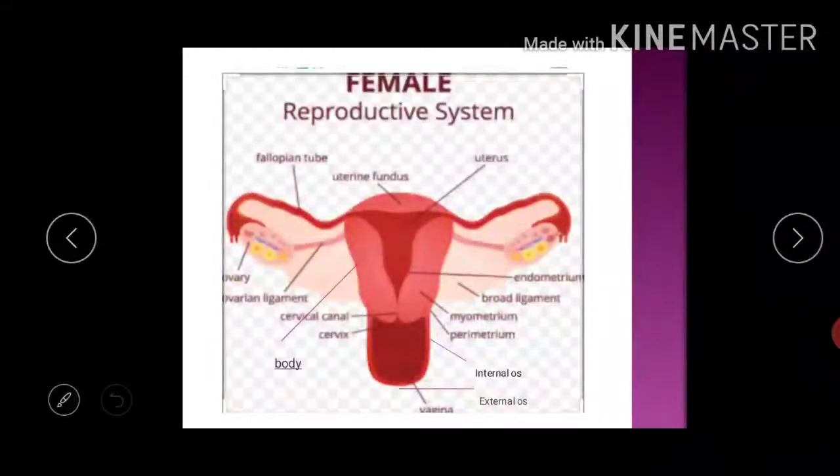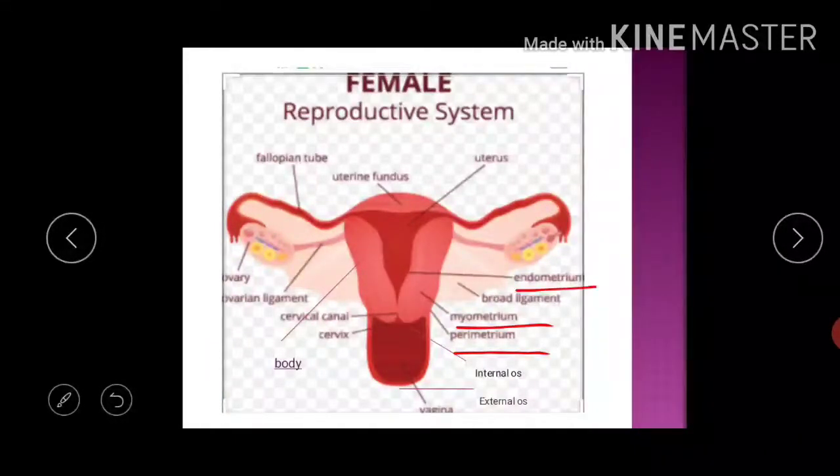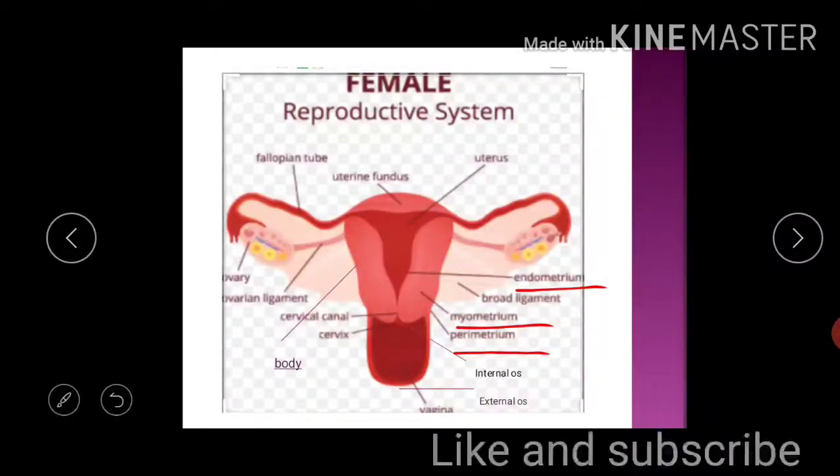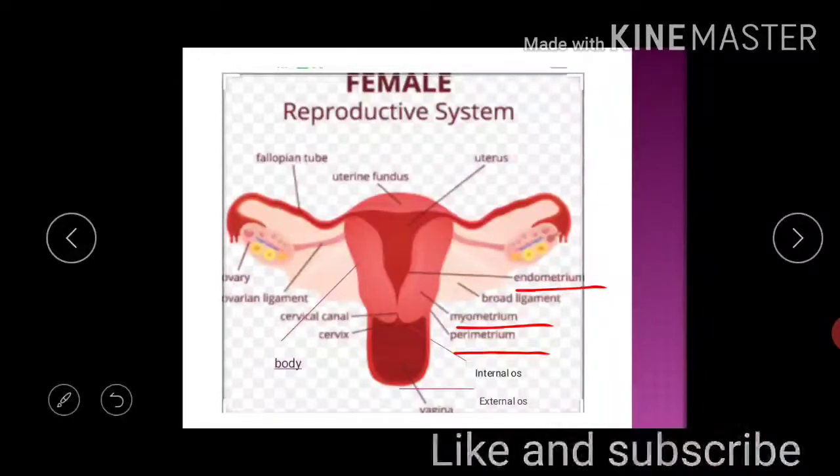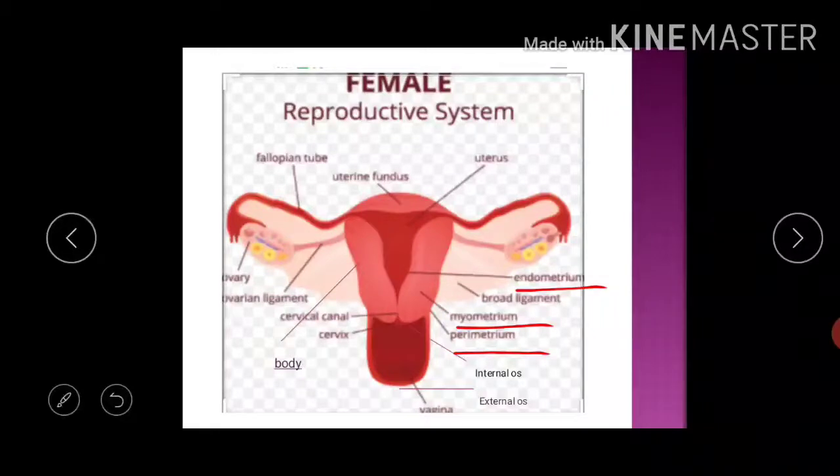See this? Perimetrium, myometrium, and this endometrium. It is divided into these three regions. The outermost is the perimetrium. The middle thick muscular structure is the myometrium. And the inner structure is the endometrium.